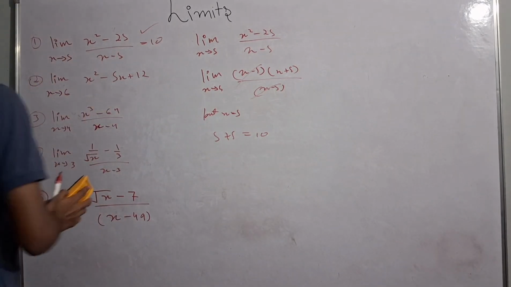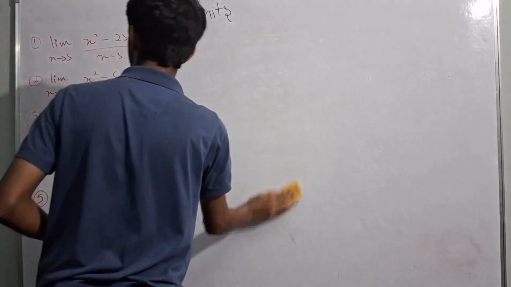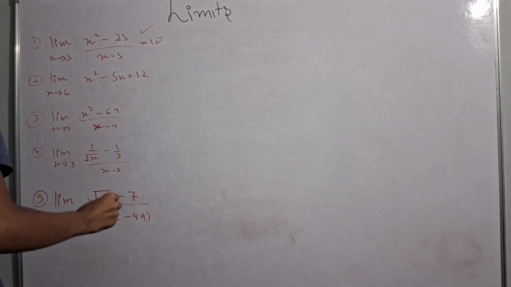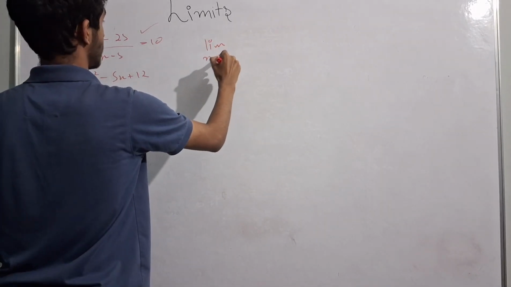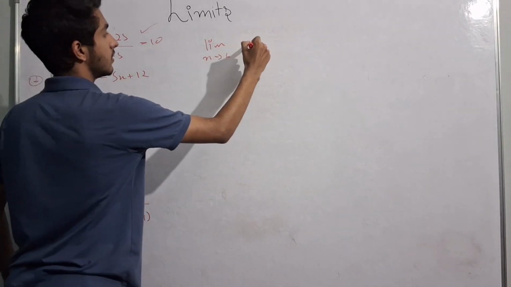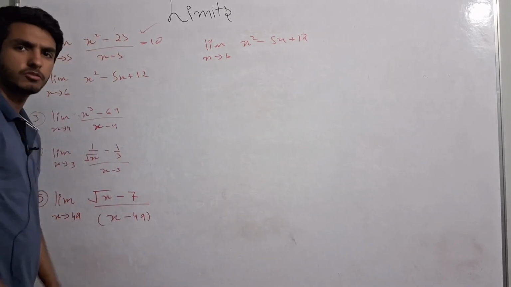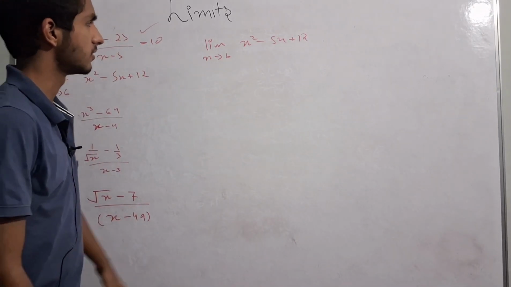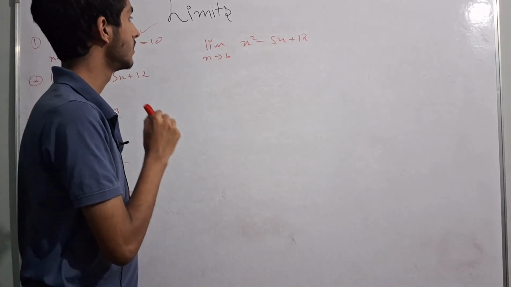And then the second question, I have limit x tends to 6, x square minus 5x plus 12. What do we have in the denominator? We don't have anything, or we just have 1 in the denominator.